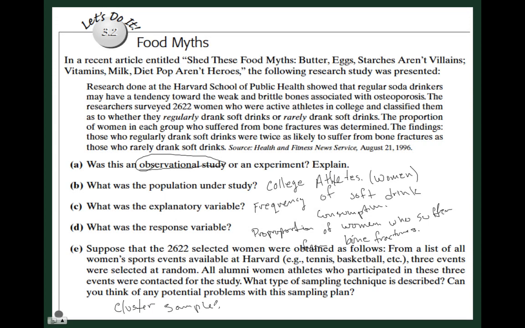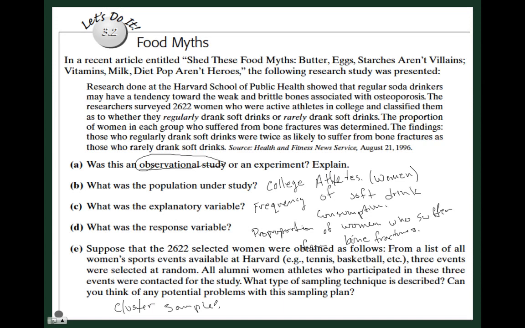In other words, to be good at certain types, like for example, basketball players maybe are taller than average. So if one of the events was a basketball game, then it's possible that we're dealing with a disproportionate number of women who are very tall. Is there a connection between being tall and bone fractures?